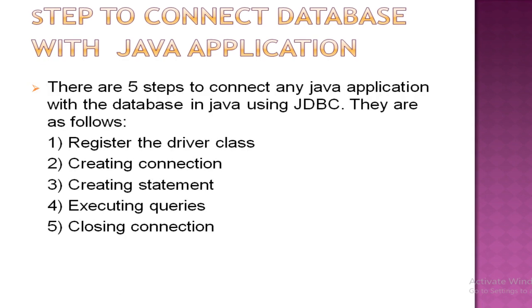First, these are the 5 steps to connect the Java application with the database using JDBC. First, register the driver class. Second, create the connection. Third, create the statement. Fourth, execute the queries. And fifth, close the connection.